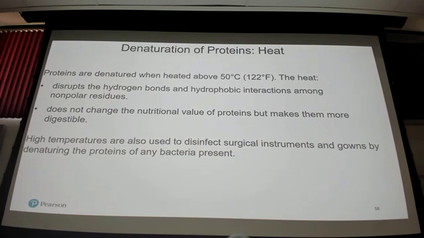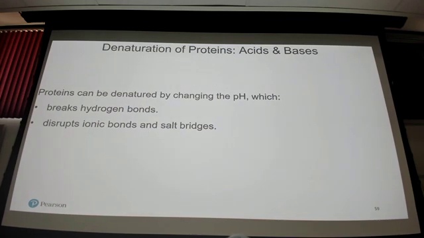In terms of the food, the heat does not change the nutritional value, of course, but it will change the interactions. And so when our proteins are exposed to acid and bases, that's going to break the salt bonds between the polar acidic and polar basic functional groups.